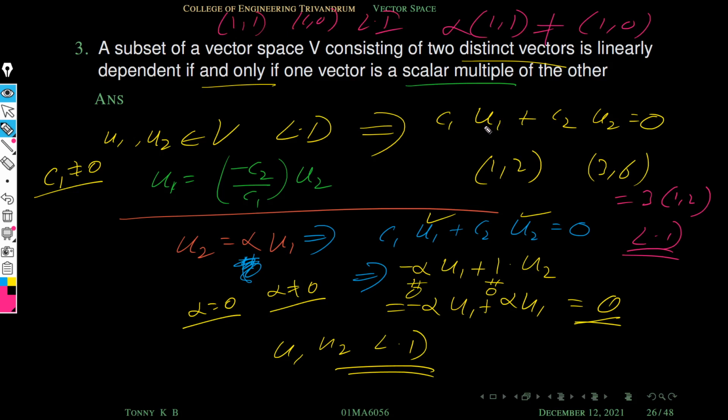Clear? Because it is not dependent, it is independent. So for two vectors, if one of them is a scalar multiple of the other, then we can say they are linearly dependent. Otherwise, that means one of them is not a multiple of the other, then we can say that they are linearly independent. This is an important criterion for independence and dependence for a two-element set.